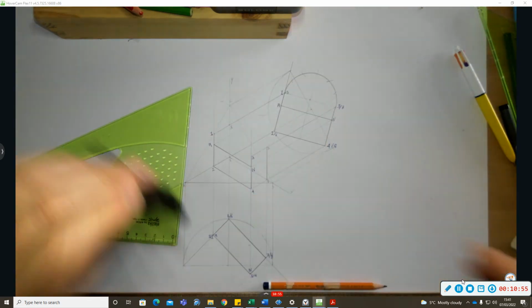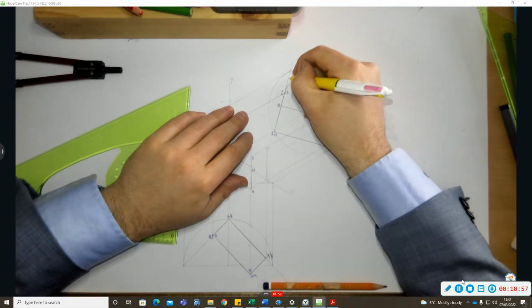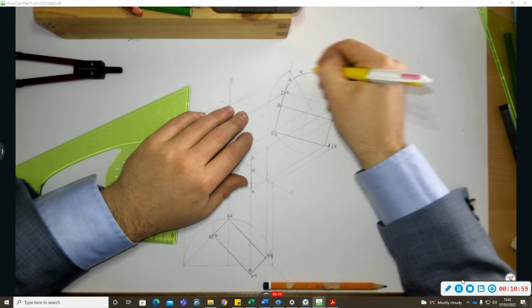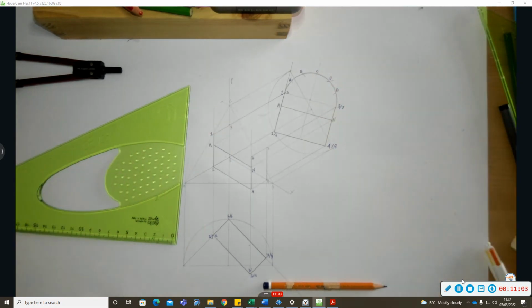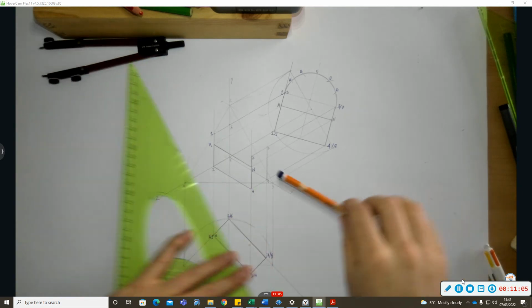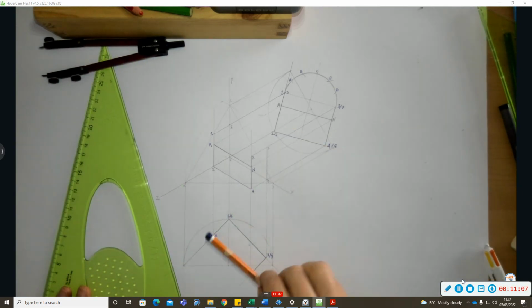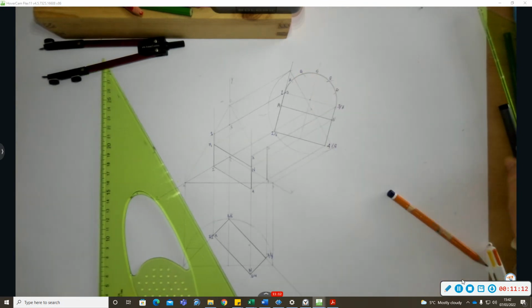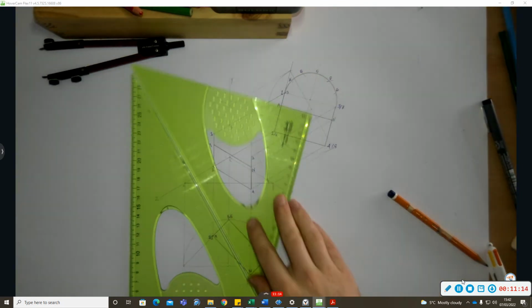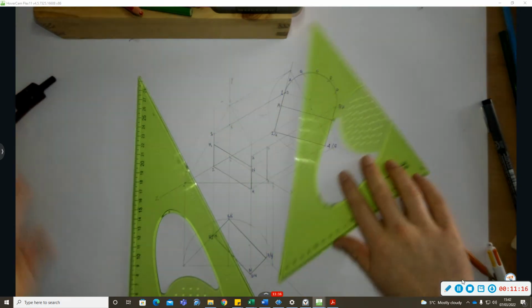Okay, now we're going to label these A, B, C, D, E. Now we need to get those points in plan, right? The lengths in elevation and plan are the same, so we're going to measure how far across these are. So I'm just going to get my set square here.